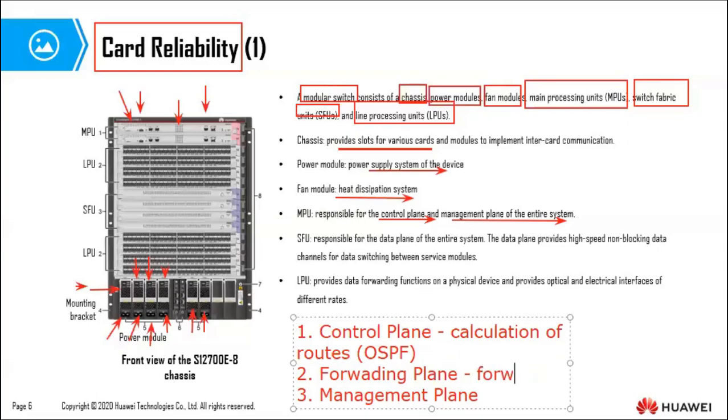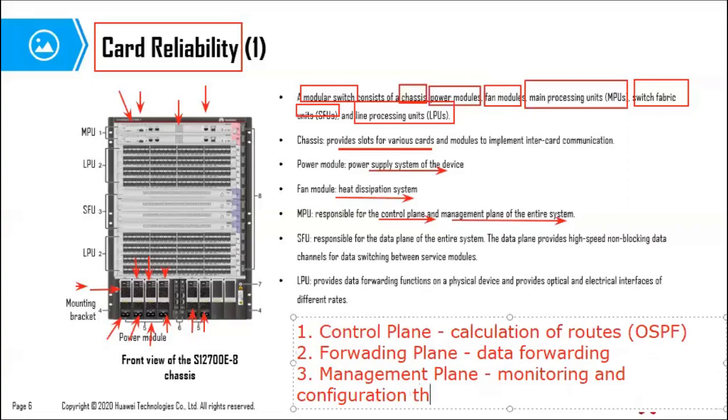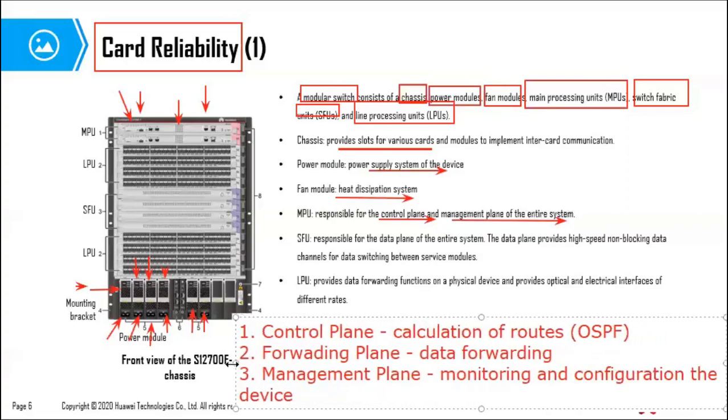So data forwarding. This one simply does data forwarding. Management plane, on the other hand, will assist in monitoring and configuring the device. So you'll be hearing of these three once in a while.